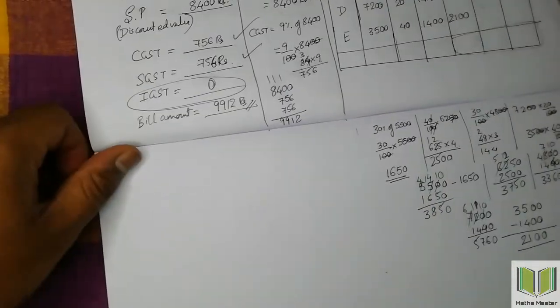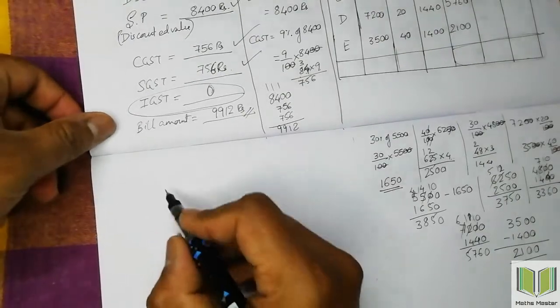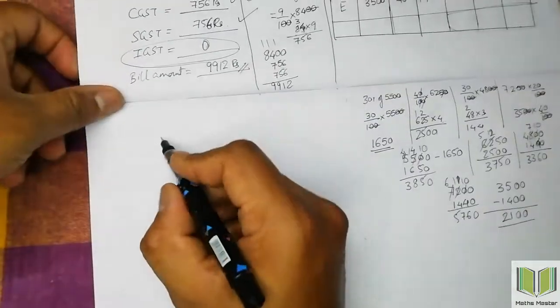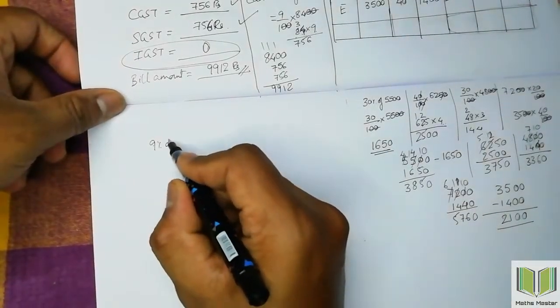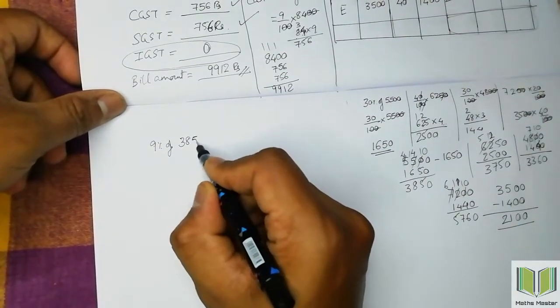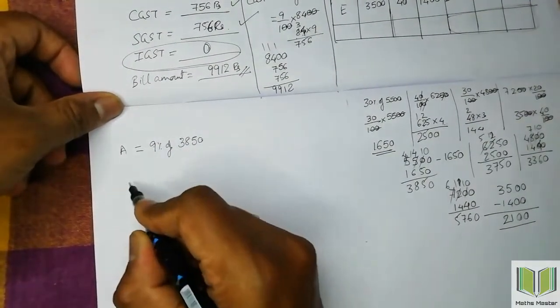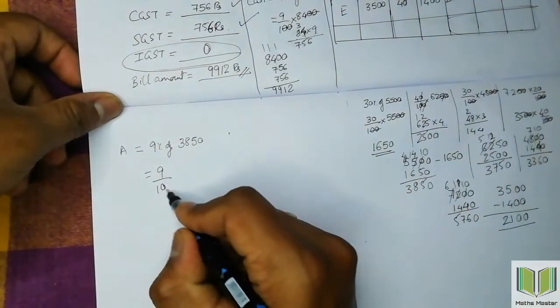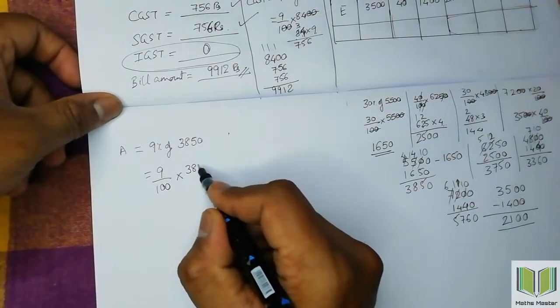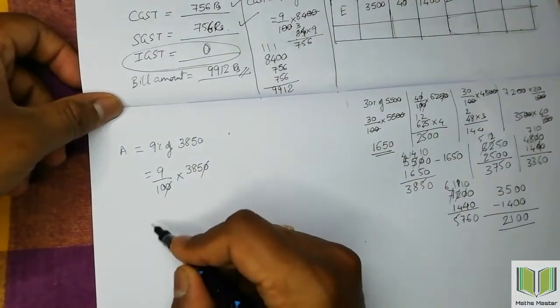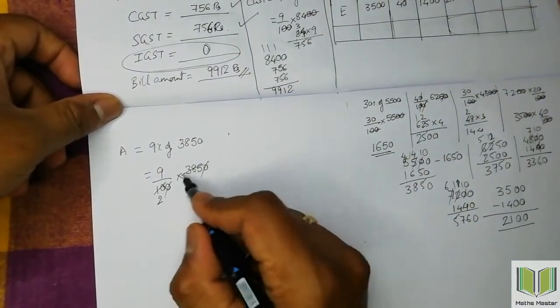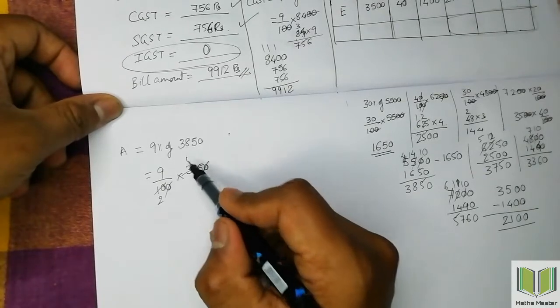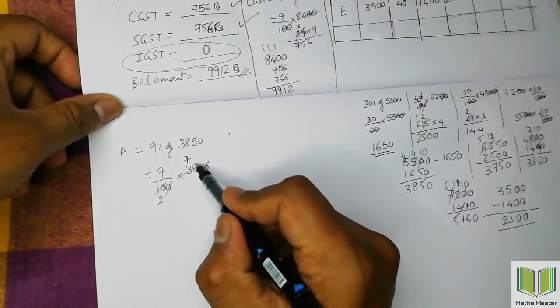CGST, I'm doing it on the next page. So 9% of 3850. This is in the first case. Let me solve it first. 9 by 100 multiplied with 3850. The zeros get cancelled. 5 times 2, 5 times 7, 3 goes here.